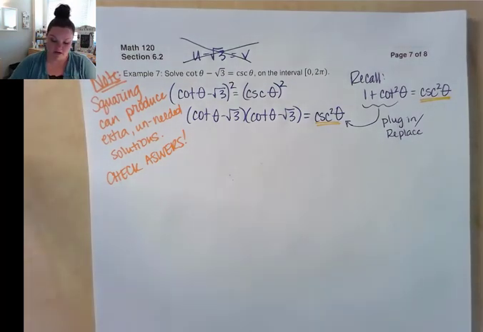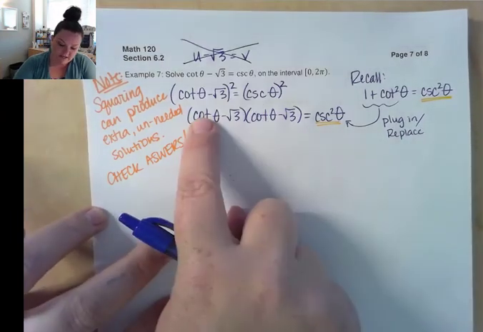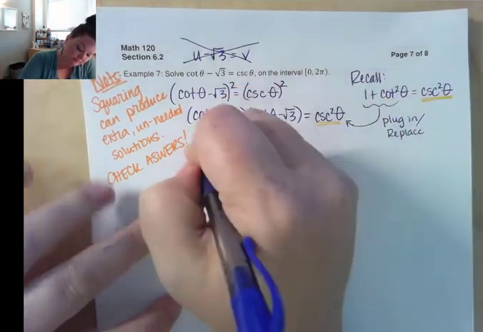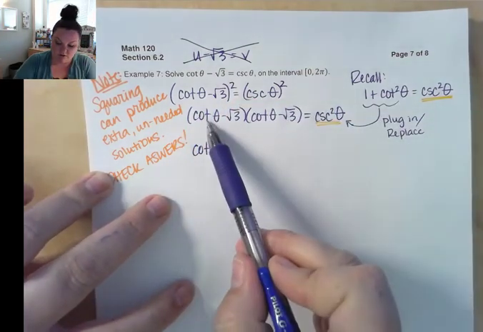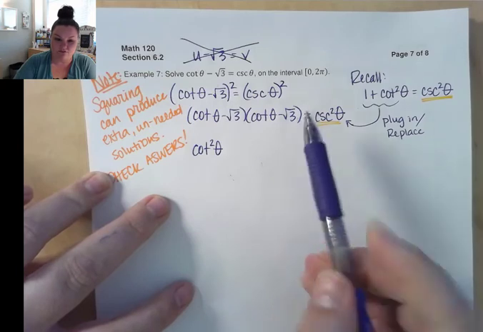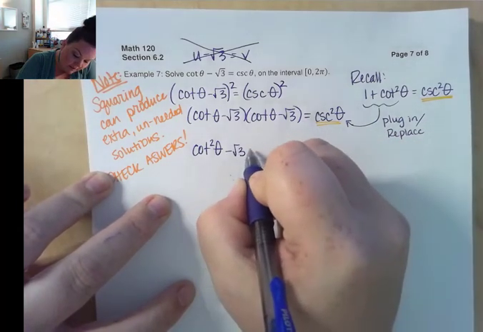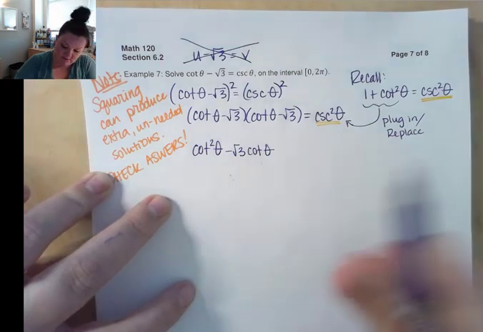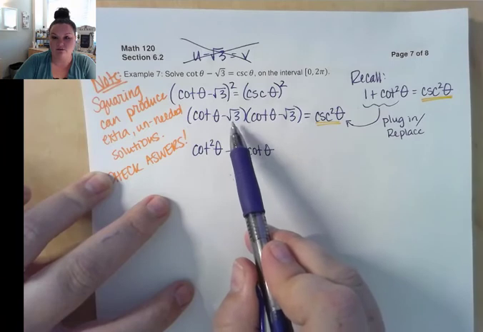All right. On the left-hand side, though, we're going to have to multiply this out. So cotangent times cotangent is cotangent squared theta. Cotangent theta times negative square root of 3 is negative square root of 3 cotangent theta. So I'm done distributing that one. Now I need to distribute the negative root 3.